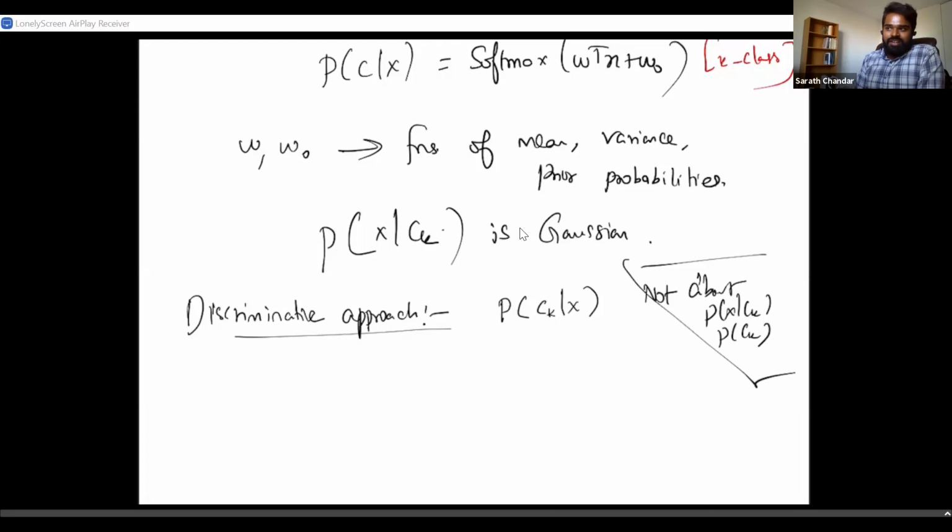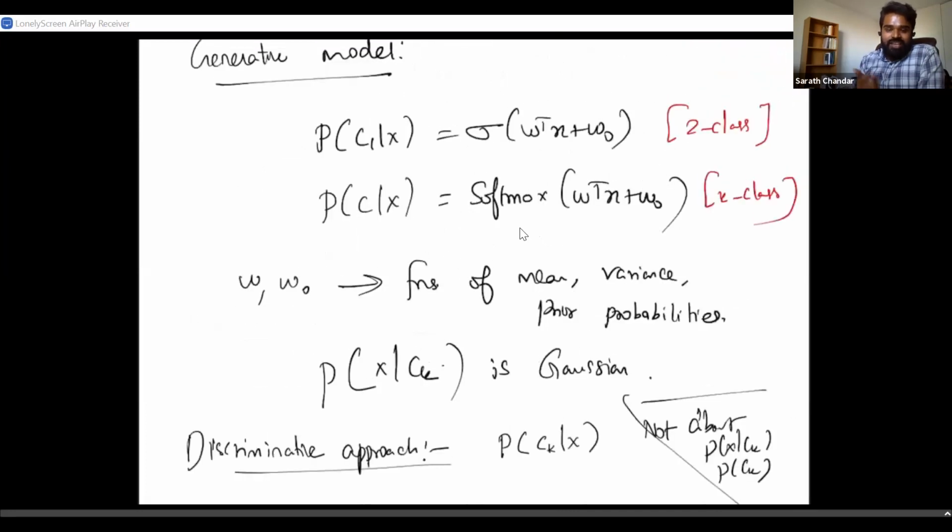So the idea here is, instead of having a separate formulation for W and W0, why don't we just treat W and W0 as our parameters and directly learn them by using gradient descent. Now W is not an equation of mean, variance, or prior. W is just a vector parameter.